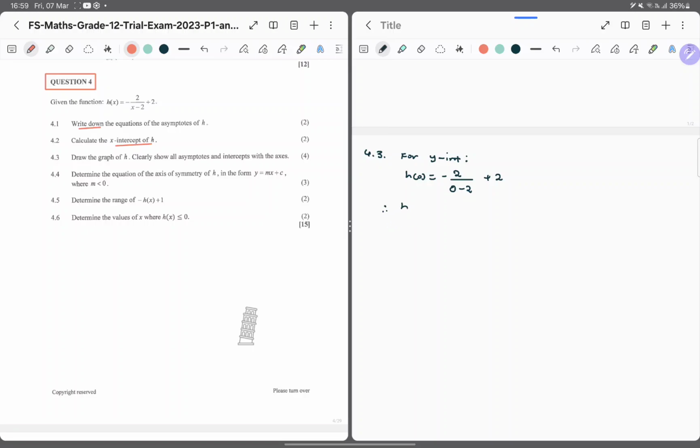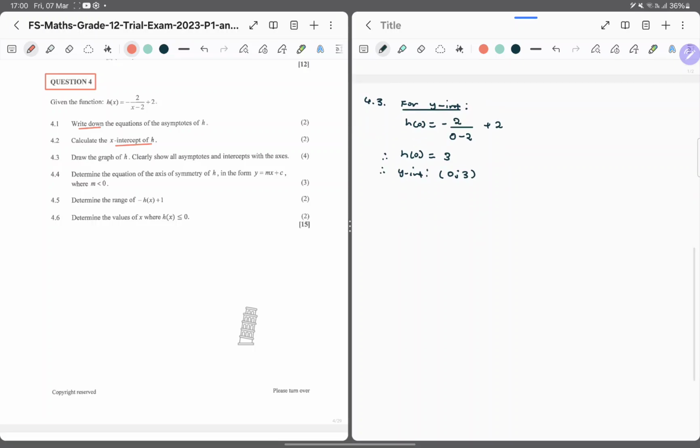We'll say therefore h of 0 is, now remember this is -2 divided by -2, that's 1. 1 plus 2, that's a 3. You can say therefore the y-intercept is such that 0 is to 3. Now this is very important because we needed it. And then we can do the sketch.